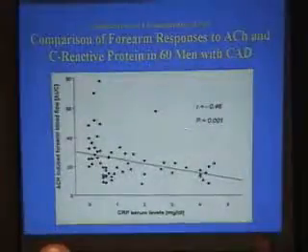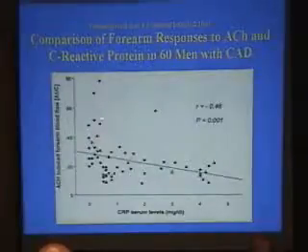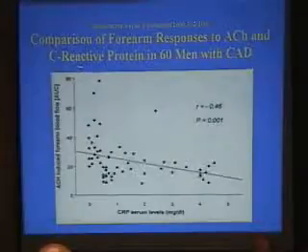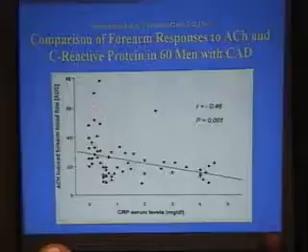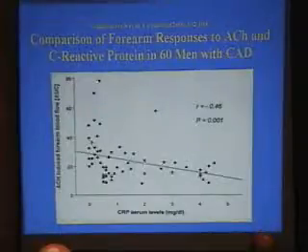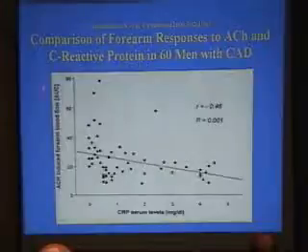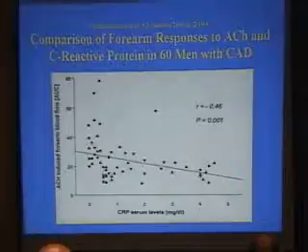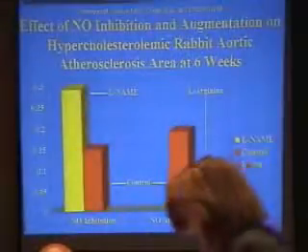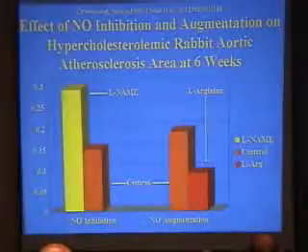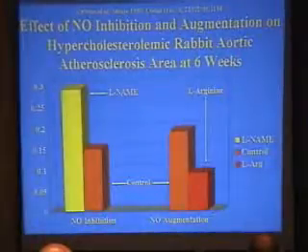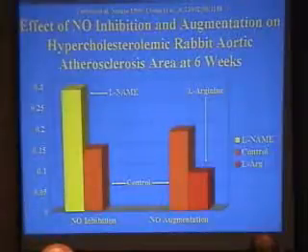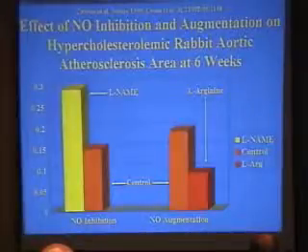Having said that, there are some general relationships which hold. If you look at CRP and you look at endothelium-mediated vasodilation, in general, these have an inverse relationship. Individuals with low CRP have robust responses to acetylcholine, whereas those with high CRP have poor responses to acetylcholine. And it is reasonable to think of nitric oxide as one of the major mediators of endothelial-dependent vasodilation as being connected with progression of atherosclerosis.